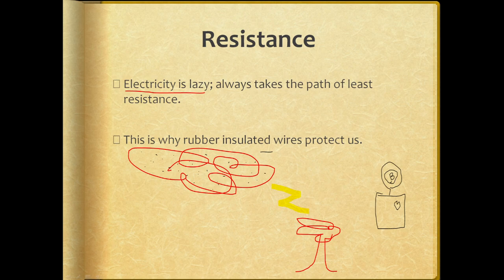Electricity is lazy. And if you are standing on dirt, on the ground, any electricity that enters you wants to go into the ground, because the ground is very neutrally charged, which, from the perspective of an electron, makes it the ideal place to go.